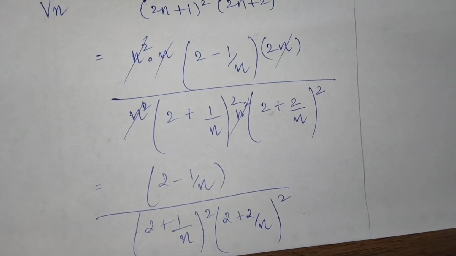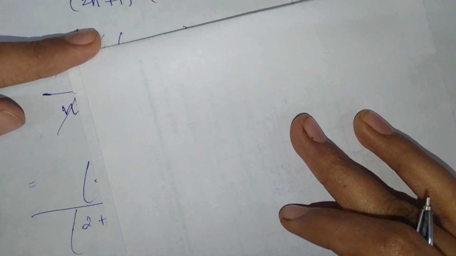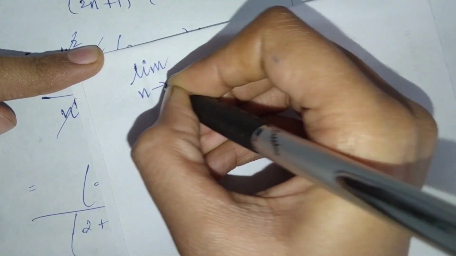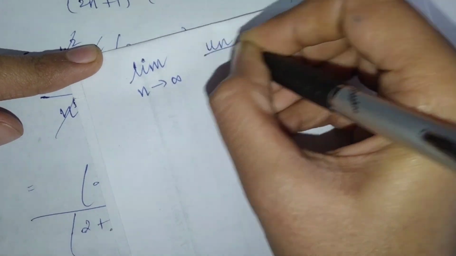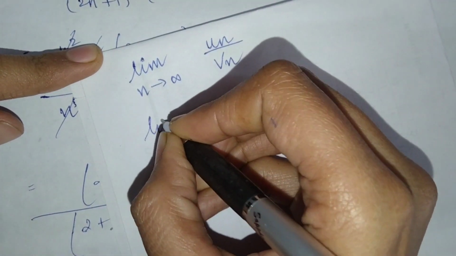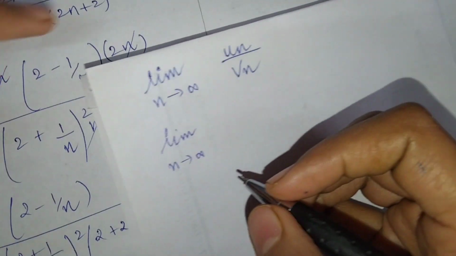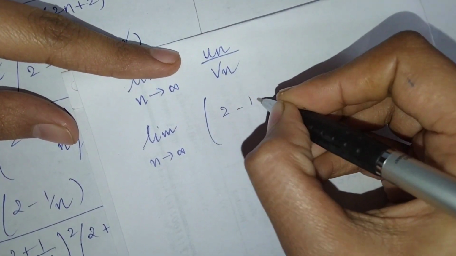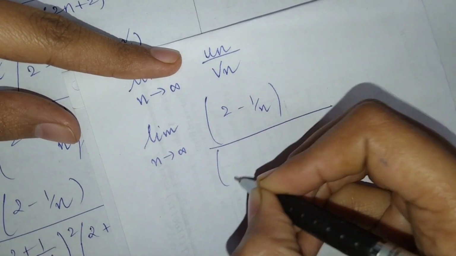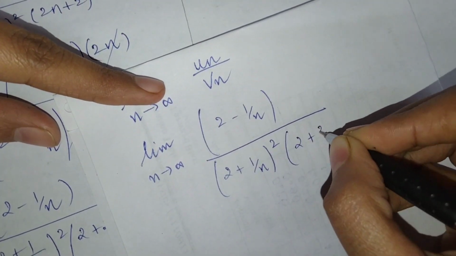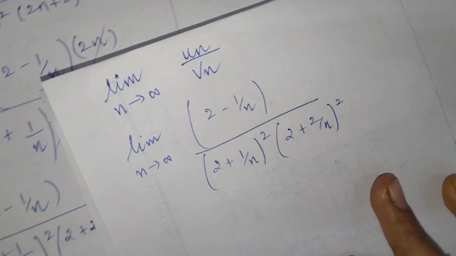And now if we put the limit according to comparison test, then we get limit n tends to infinity un by vn. But what is our un by vn? That is this term: (2 minus 1 by n) divided by (2 plus 1 by n) whole square into (2 plus 2 by n) whole square.